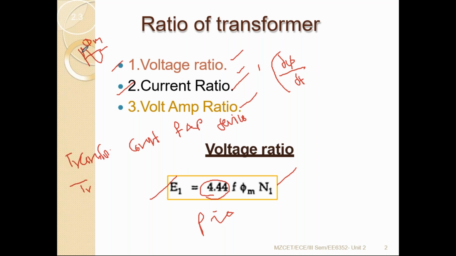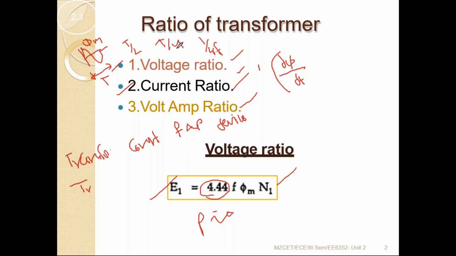Now this is one complete cycle. From here to here you can take one complete cycle, and it takes time period T. For half cycle, T by 2. For quarter cycle, T by 4. Right? Now I need this equation in terms of frequency. You can write 1 divided by 4f. Why?